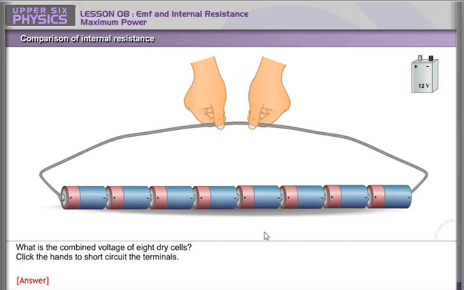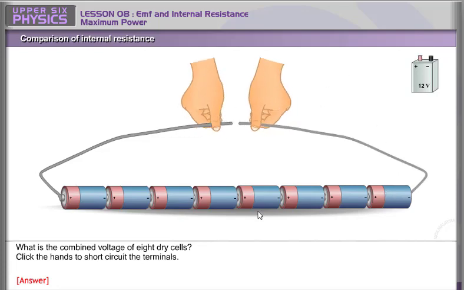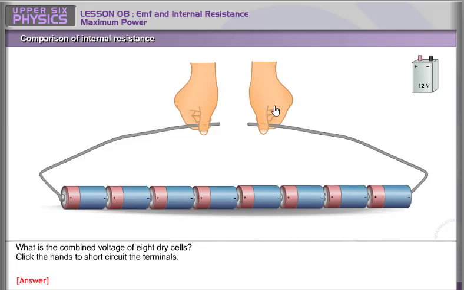When we combine 1.5 times 8, 1.5 times 8 is how much? 12 volt, right? So when we join the terminals, nothing happens.